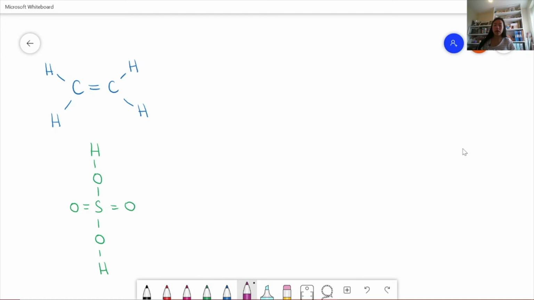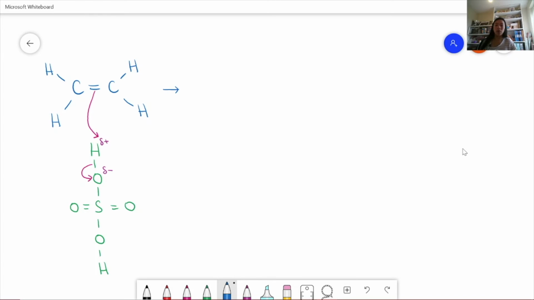Then we draw in the partial charges of the hydrogen and the oxygen which are nearest to the double bond. Again, the partially positive hydrogen is attracted to the high electron density of the double bond. The electrons from this bond then move to the partially positive hydrogen, and these two electrons from this covalent bond then move towards this oxygen. And so what we get forming is another carbocation.